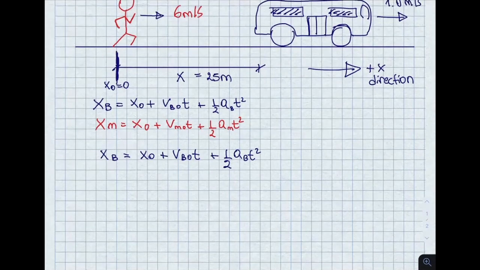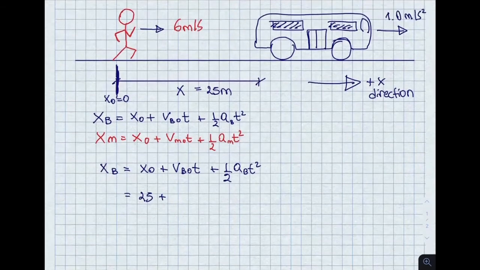Then we write 25 plus the initial velocity of the bus, which is 0 because it's starting from rest, but it's accelerating at a rate of 1 meter per second squared. Then we write 1/2 times the acceleration, which is 1, times t squared.